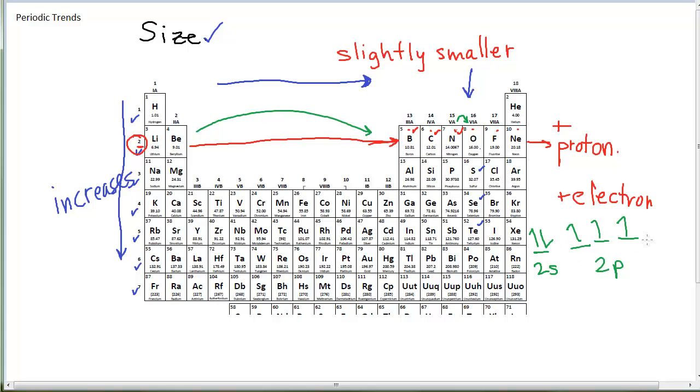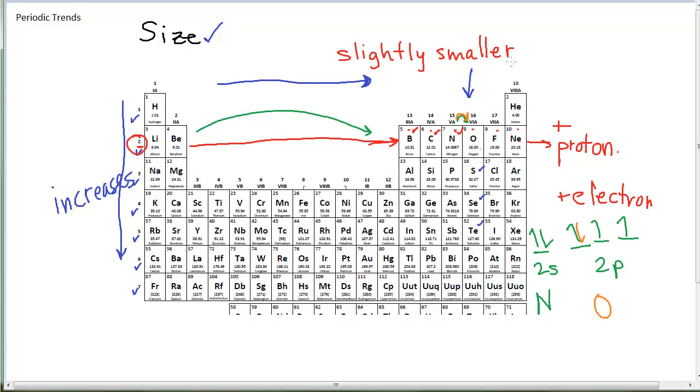This would be the valence shell orbital diagram for nitrogen. And then when I move to oxygen, I fill in one more electron into that 2p orbital and pair it up, essentially. And sometimes when that happens, they actually get slightly larger.